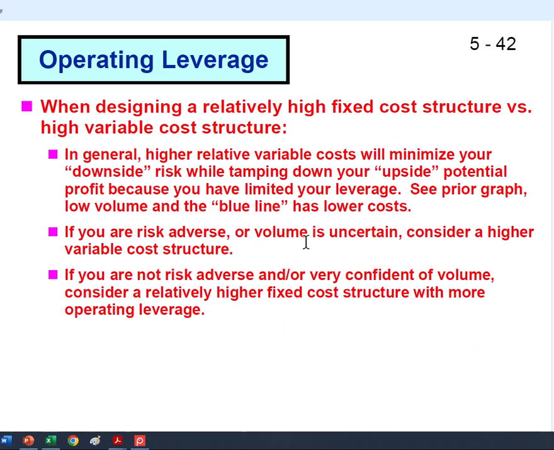You've limited your leverage. If you're risk averse, or volume is uncertain, you consider a higher variable cost structure. If you're not risk averse and/or you're very confident in volume, consider the higher fixed cost structure with the more operating leverage.